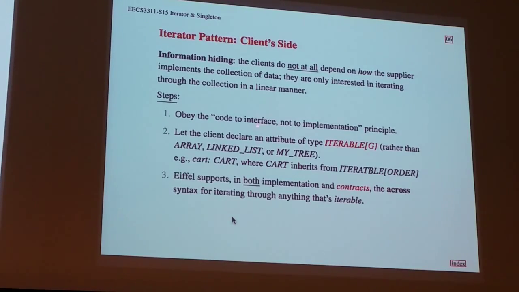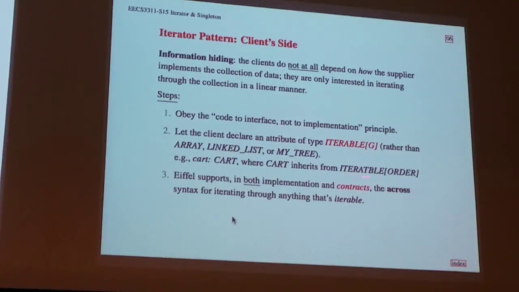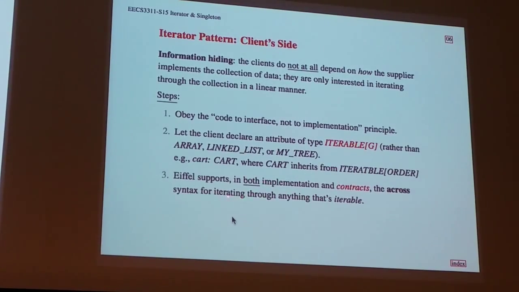Right, so code to the interface, not the implementation principle, because here I would say the collection is iterable of order rather than array or something. So now for iterable, we can actually use the syntax that's supported by IFO, and then write contracts about that. I'm going to show you a series of examples now. So sit tight.